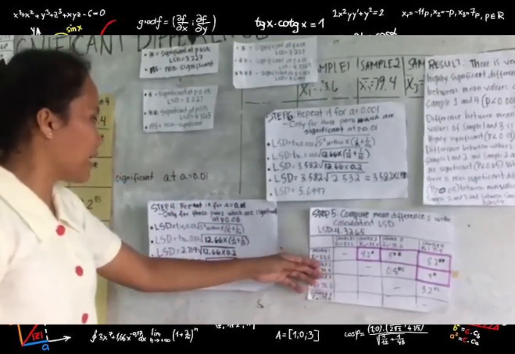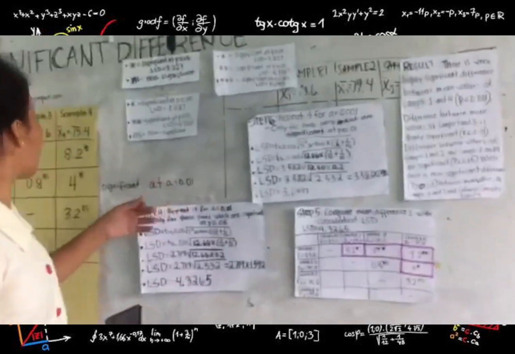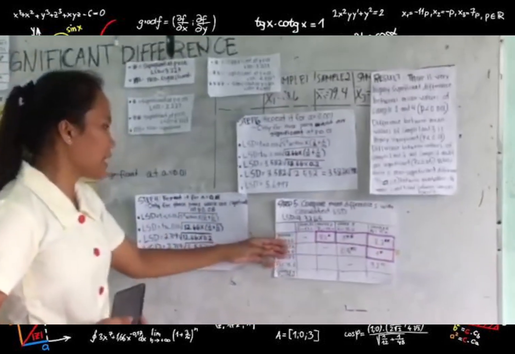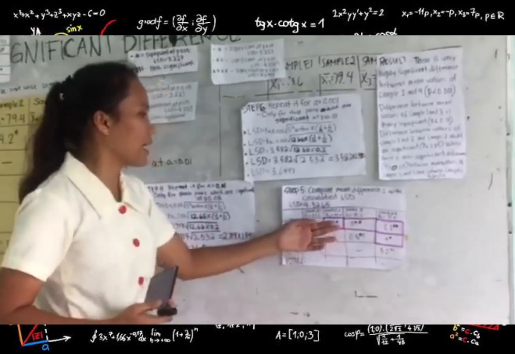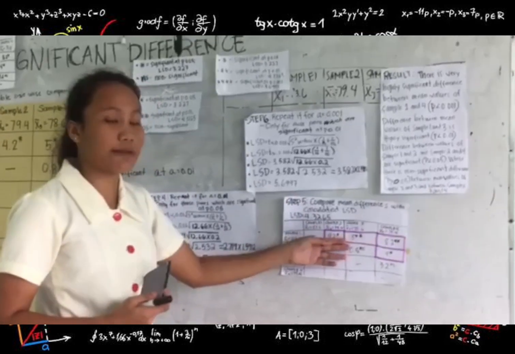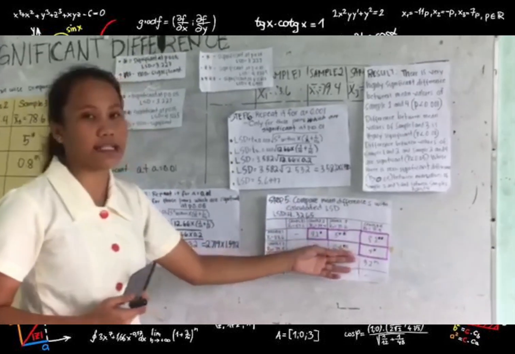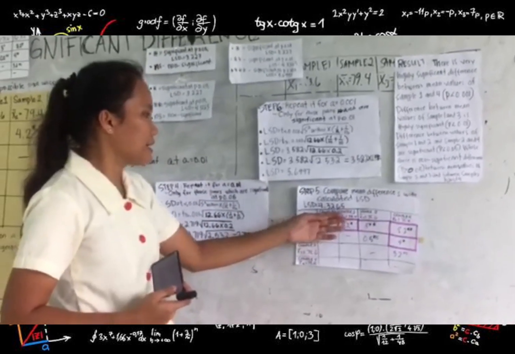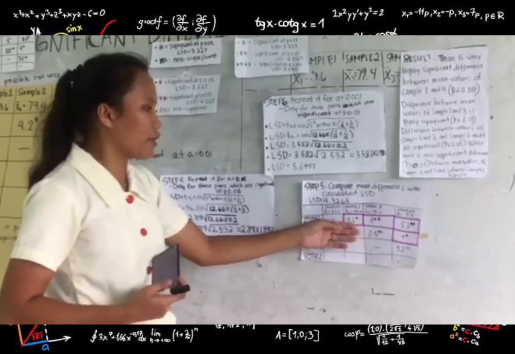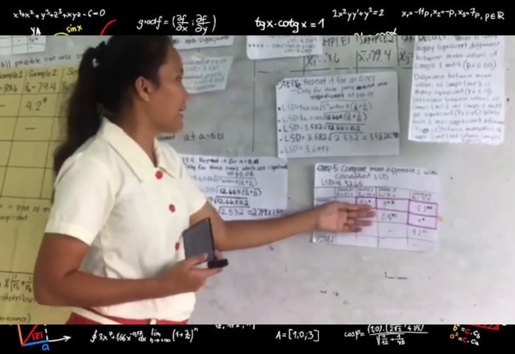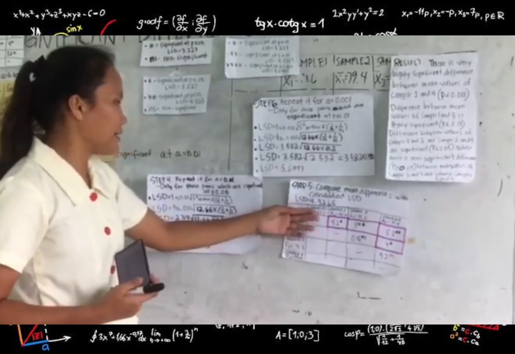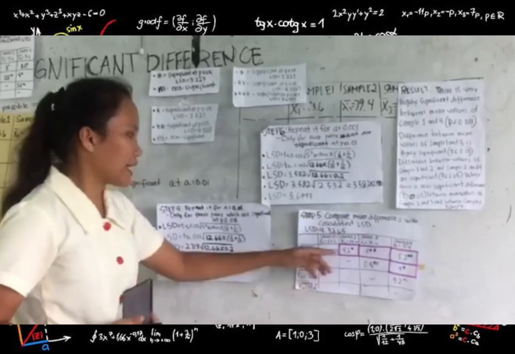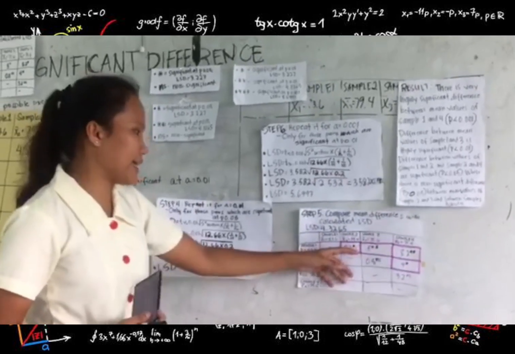We compare step 3 and step 5. The asterisk symbolizes significant, while NS is non-significant. Here, the difference of sample 1 and sample 2 is 4.2, which is lower than the given 4.3265, so we do not put an asterisk.